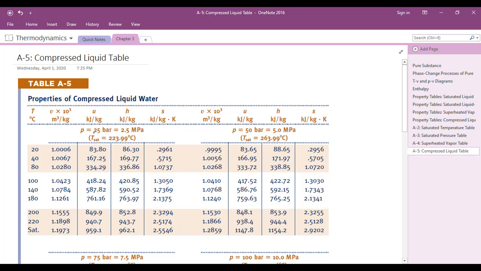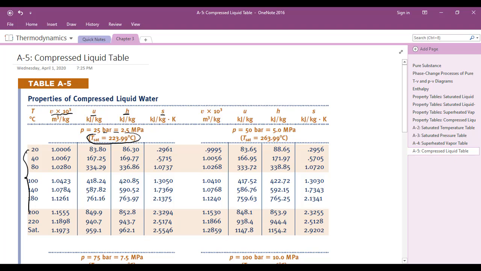We have several tables, one for each different value of pressure, and for a given pressure, the properties, the specific volume, U, H, or S are listed against the temperature, and the saturation temperature is given between parentheses below the pressure values.